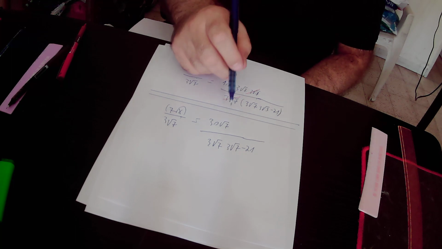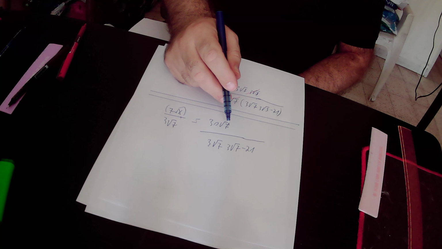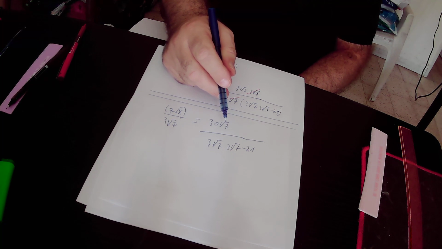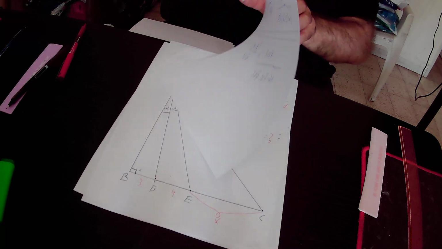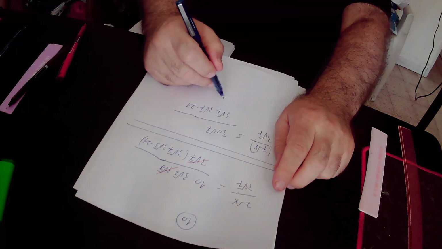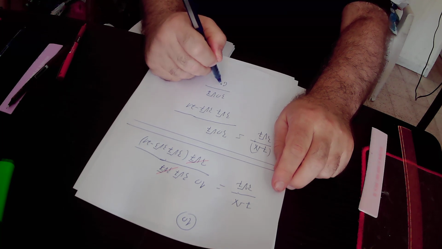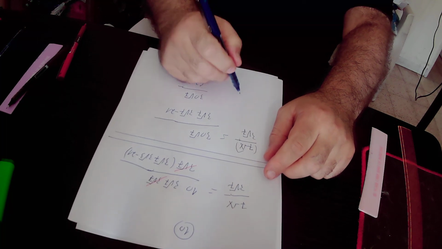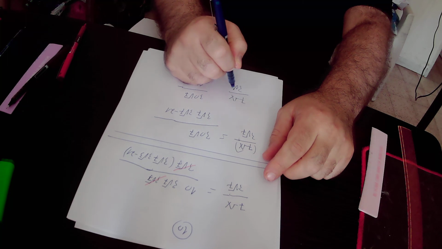Here we have 3 times root 7 times 3 times root 7. 3 times 3 is 9, and root 7 times root 7 is 7, and 9 times 7 is 63. So this expression equals 63. We write it down. 30 times root 7 over 63 minus 21, and here we have 7 plus x over 3 times root 7.